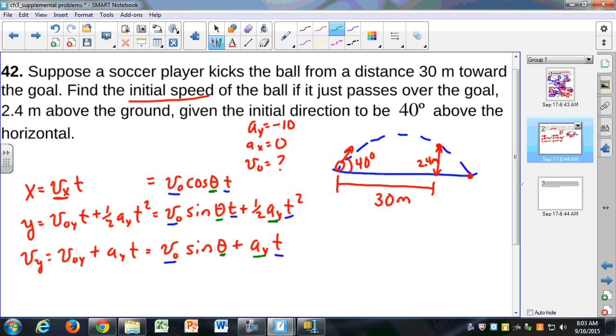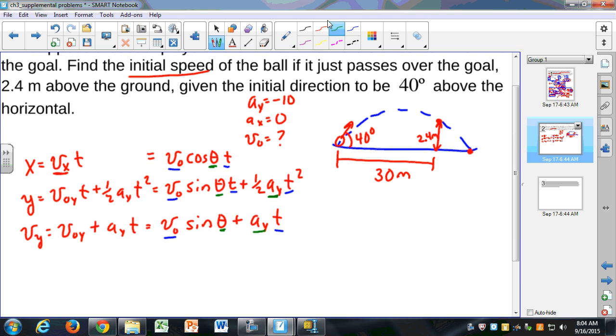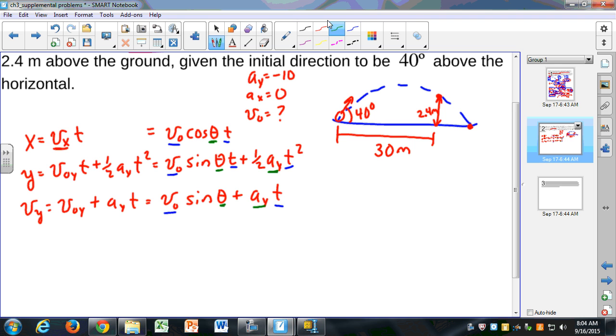Just Google Khan Academy system of two equations or something like that. They have a whole bunch of stuff on basic algebra. But you can come see me and I can help you work through this. When you have a system of two equations, what you want to do is solve one equation for one variable and then plug that into another equation. It comes sort of with practice.